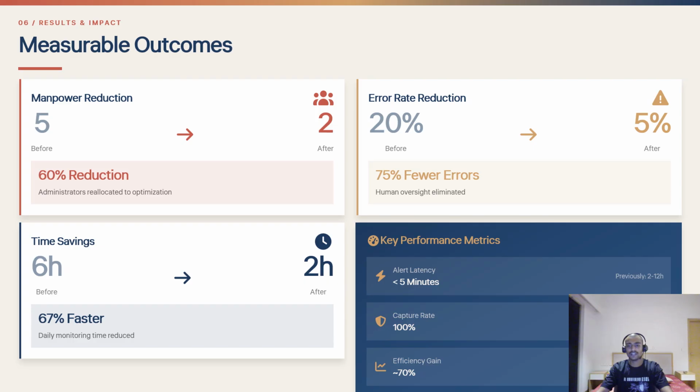This ensures that the data we are collecting is reliable for further analysis. So the measurable outcomes are really very good. I think manual monitoring can be moved to automated monitoring, as we have already checked this in our quality and production systems. So let's move to our further slides and see more.